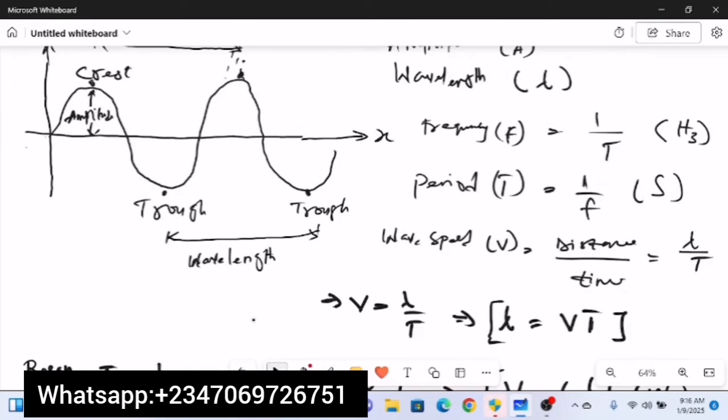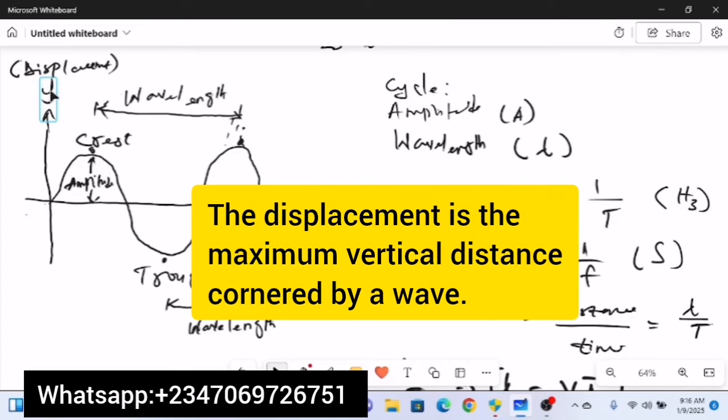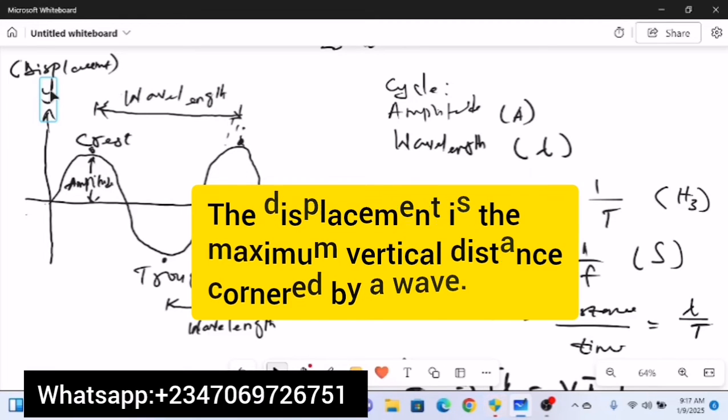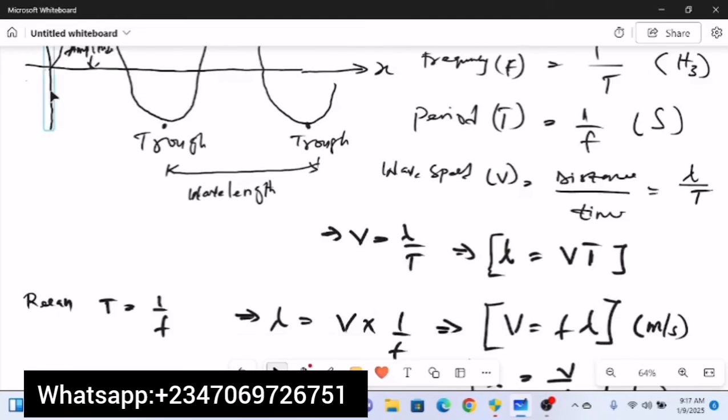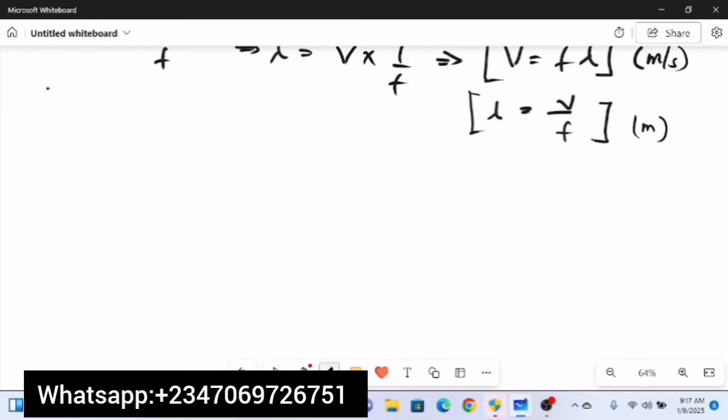Now, the next term on this graph is the displacement, y. As can be seen here, the displacement y is simply the vertical distance accomplished by a wave. And since we are talking about a wave, the displacement takes a waveform. Okay? Displacement is simply the vertical distance accomplished by a wave.